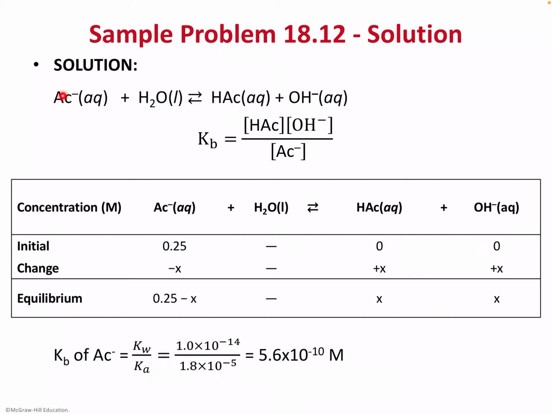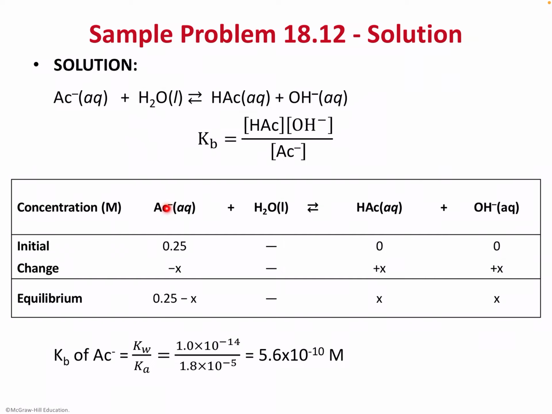So this is our weak base. So Kb equals HAc, which is acetic acid, times hydroxide over acetate ions. And we can construct an ICE table for this particular equation.